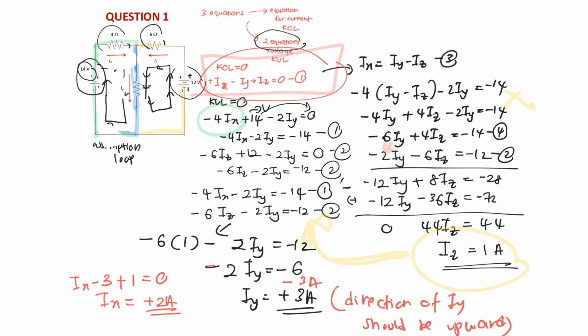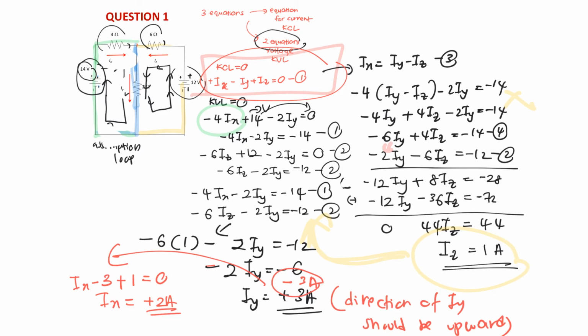Yes, okay, if you get negative. And for you to find ix, if for example iy you get negative, we just put the negative inside the equations, because from the beginning you already used the equation where the direction is wrong. So therefore, for you to find ix, you need to make sure that you also use the wrong direction, which is negative over there. Okay, if you get negative.